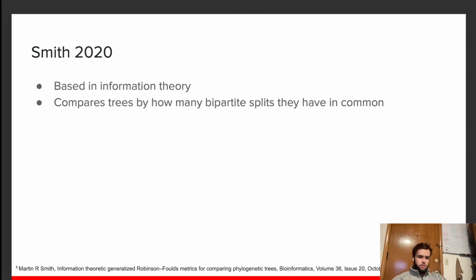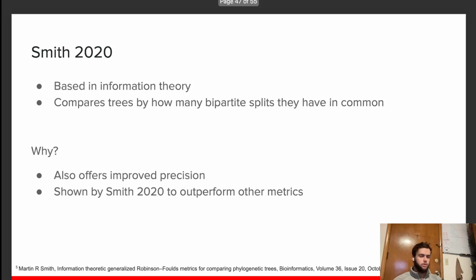Then the other metric that we're going to use was proposed by Martin Smith in 2020, and this metric is based in information theory, and it compares trees by looking at how many bipartite splits they have in common, and using other information theory results to do with phylogenetic splits to calculate their distance from one another. If you're interested, I highly recommend reading the paper. And so why are we using this? It also offers improved precision over Robinson-Foulds distance.